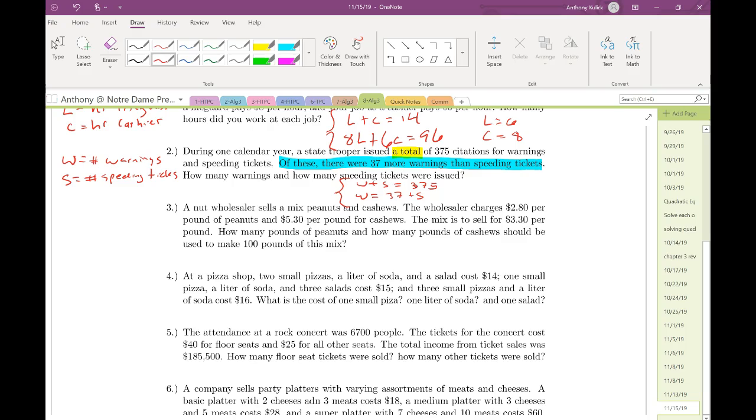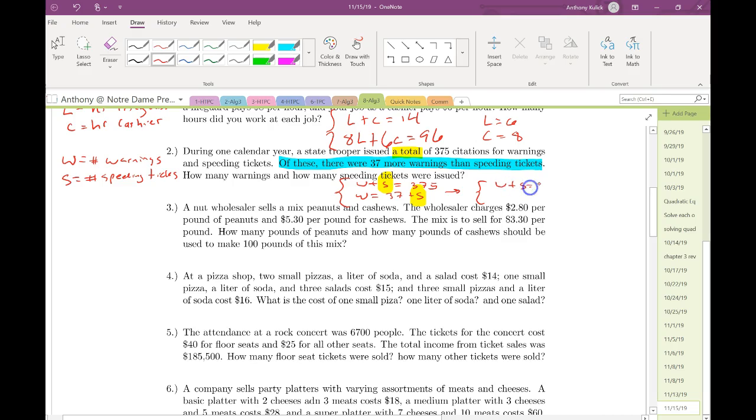Now, the way this is set up, can I type this into my calculator? No, right? What's the issue? My S's are on different sides of the equal sign. You guys see that? So before I can put this into my calculator, I have to rearrange that second equation.